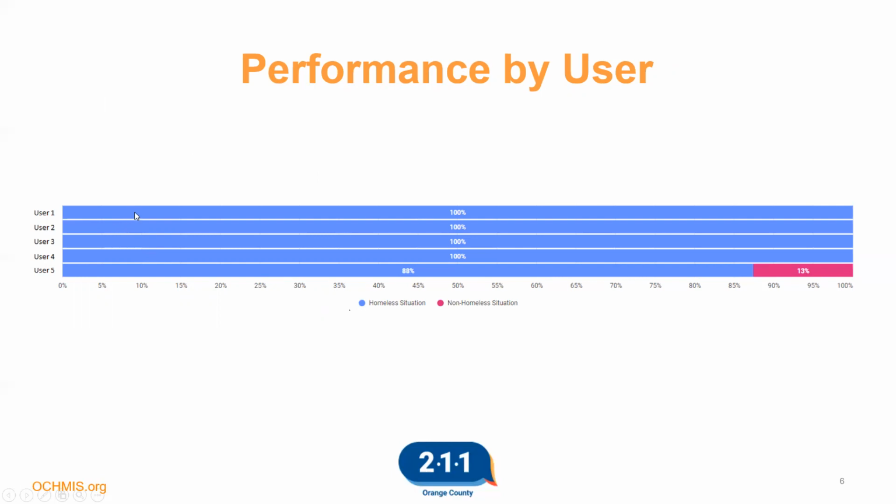And you can see the percentage of their clients for this measure in particular that entered from a homeless situation. So 100% of the enrollments entered by user 4 entered from homeless situations, and user 5, only 88% of users entered from homeless situations. So I think this was my last one. Yes. So those are the options I have.